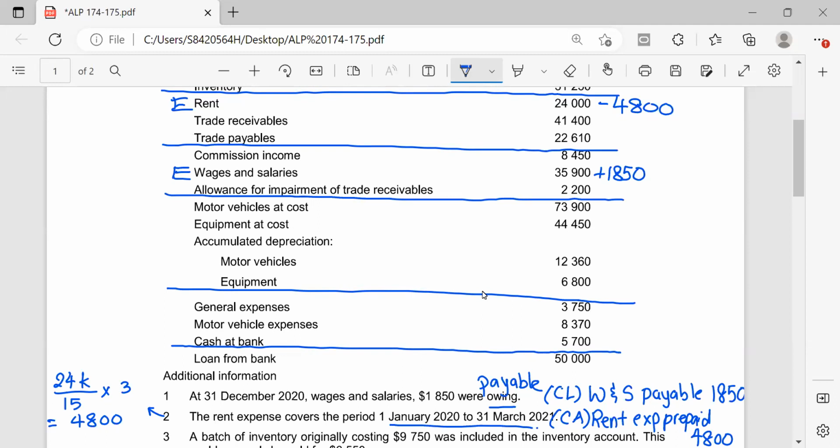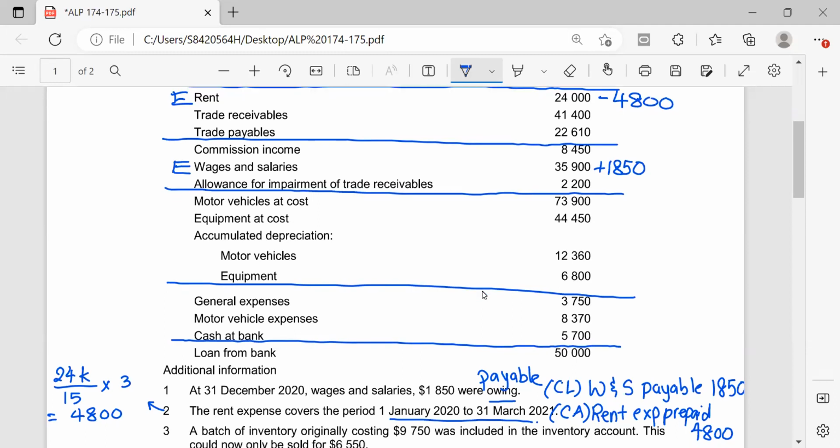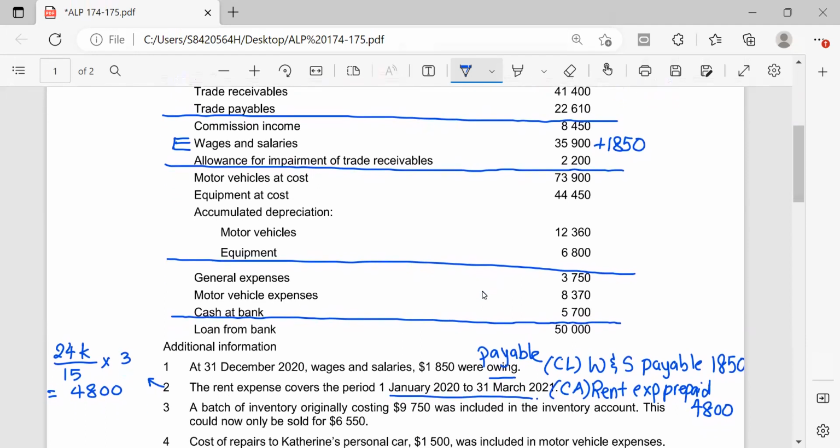For number 3, the batch of inventory originally costing 9,750 can now only be sold for 6,550. Okay, so in this case, this is the cost price. This is what we call the net realizable value. All right, so what you need to do is then ask yourself, how much is your impairment loss?